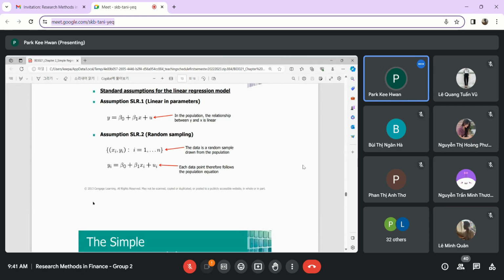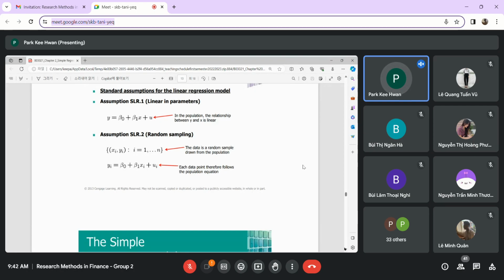Here are the observations, for example xi, yi, where i is observation 1, observation 2, up to observation n. It could be household 1, household 2, and household n, something like that. So we draw the data, and the data is a random sample which is drawn from the population.